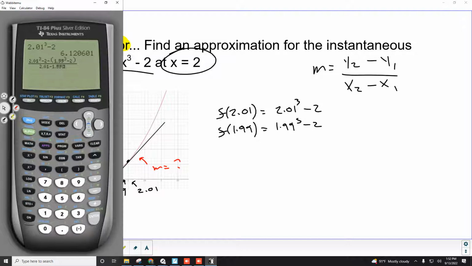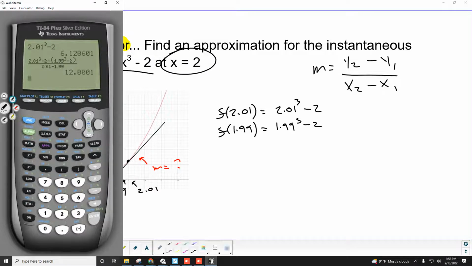Newton thought, if only we could do this, we could have some magical thing that hasn't been created yet, to find our value. And I get 12.0001.